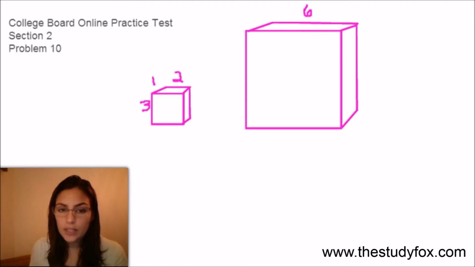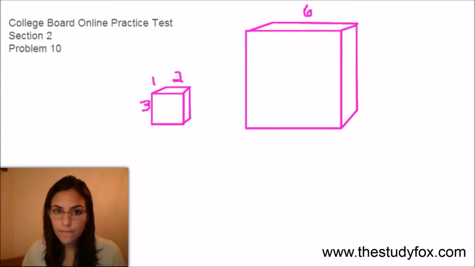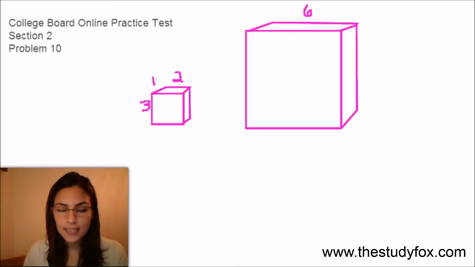Okay, so let's break this problem down into the facts. First they're telling us that they have rectangular boxes with a measure of 3 inches by 2 inches by 1 inch. And these dimensions that they're giving us are the length, the width, and the height. Anytime you see 3 dimensions being provided for one object, it's a 3-dimensional object.